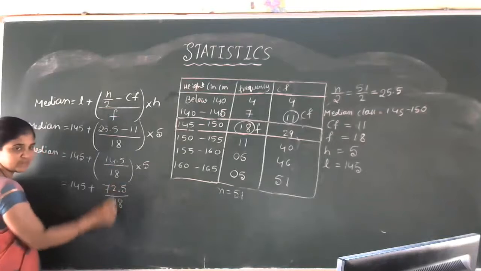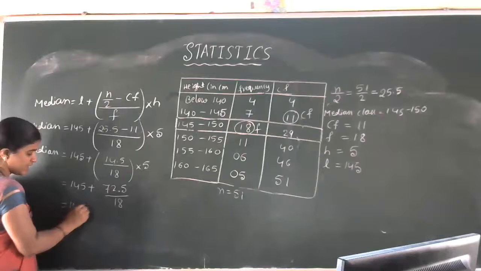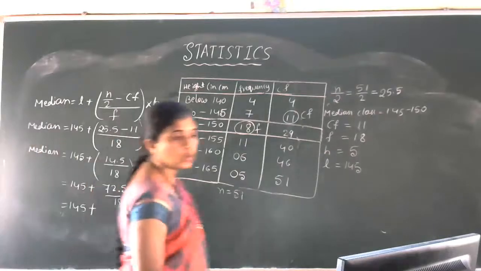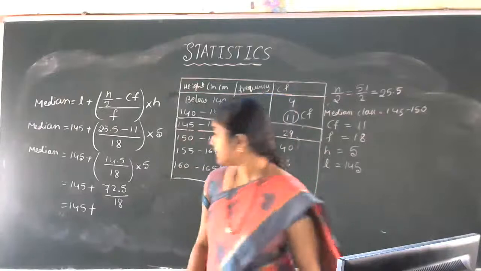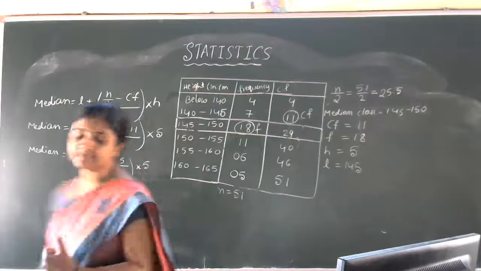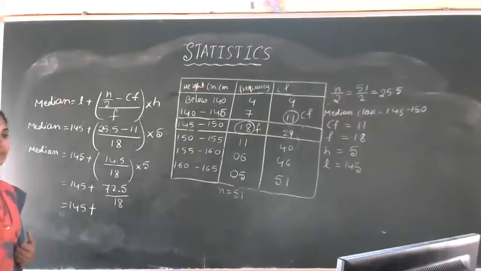Now just divide this first: 72.5 divided by 18. What is the answer?